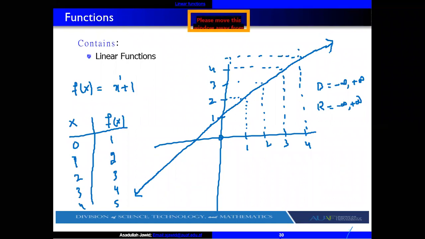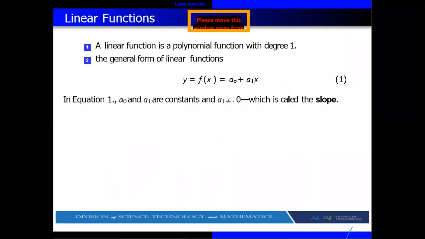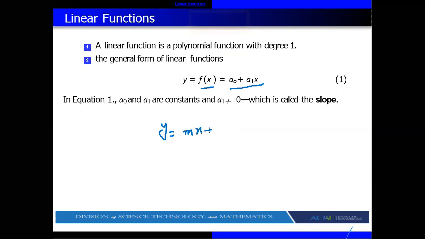Okay, what is the general equation of a linear function? The general equation of a linear function is y is equal to f of x equal to a naught plus a1x, or we can write it like this: y is equal to mx plus c, or y is equal to a plus bx. In different formats we can write it, where c is a.